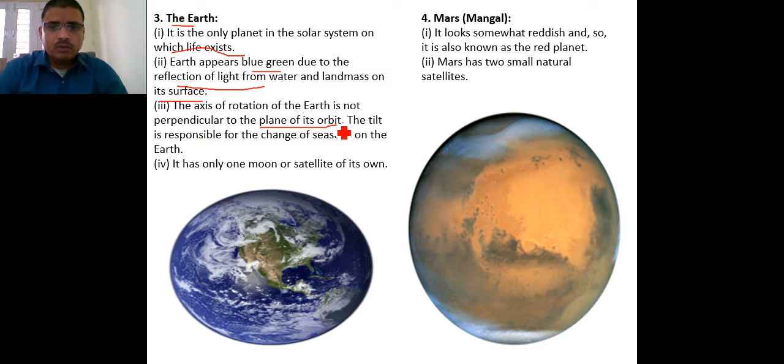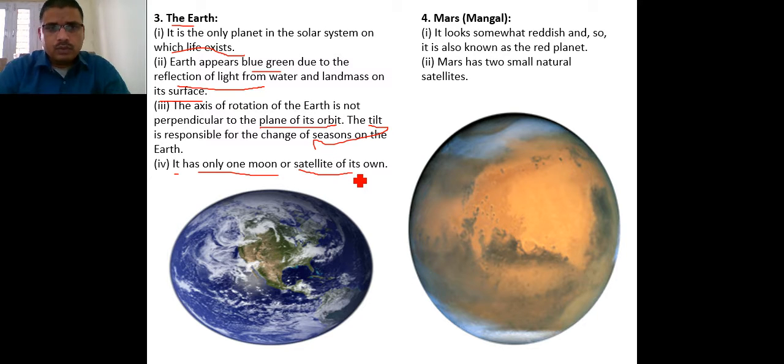It is slightly tilted, which we can observe on the globe very clearly, and that tilt is responsible for the change of season on the earth. It has only one moon, or satellite of its own. We observe only one moon from the earth. These are the points you have to remember.